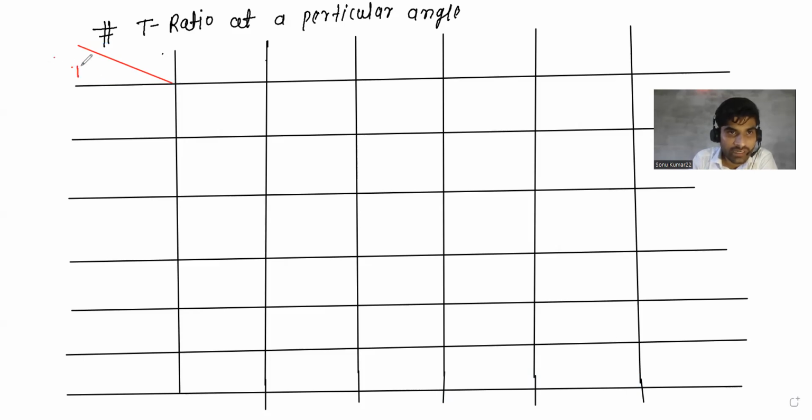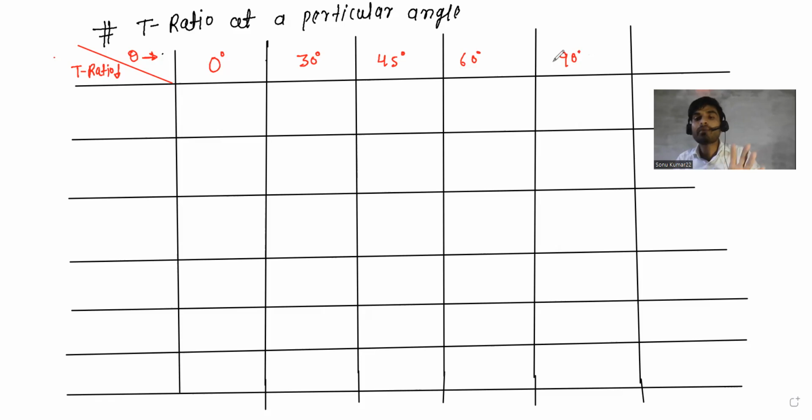Here I am going to take the T ratio downward and theta angle on the left side. Means here you can write 0 degree angle, 30 degree angle, 45 degree angle, 60 degree angle, and 90 degree. We are going to discuss these five angles: 0 degree, 30 degree, 45 degree, 60 degree, and 90 degree.